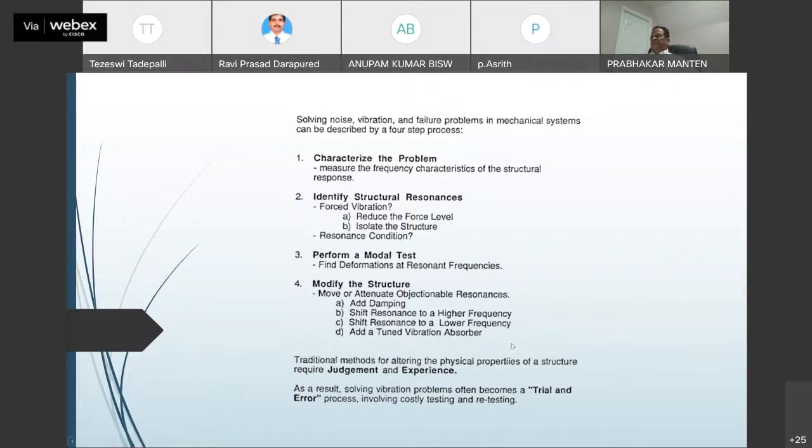One thing done with some systems which are fine-tuned single degree of freedom systems is what's called a tuned vibration absorber. It's a lumped parameter spring system. Attached to the mass, they introduce a second single degree of freedom system with a spring and a mass.